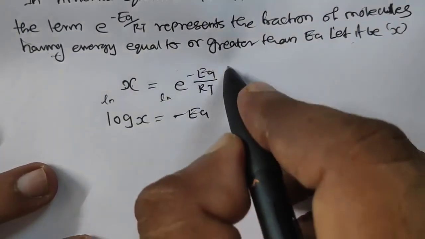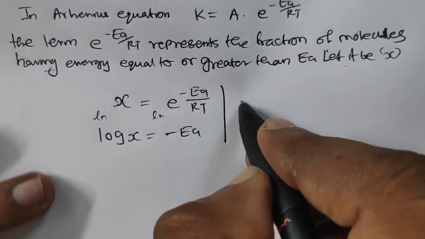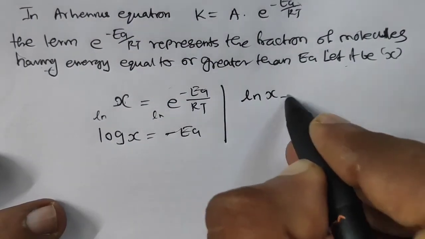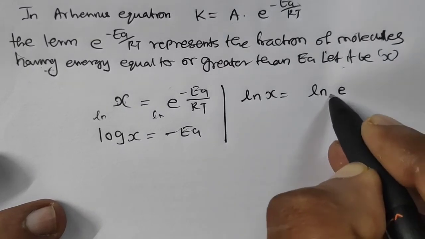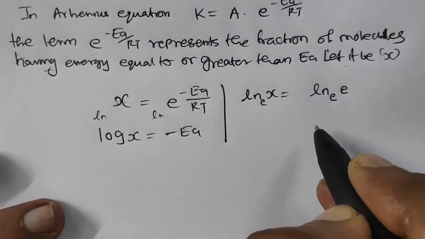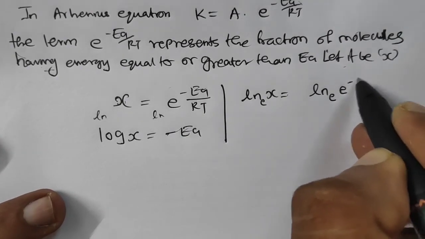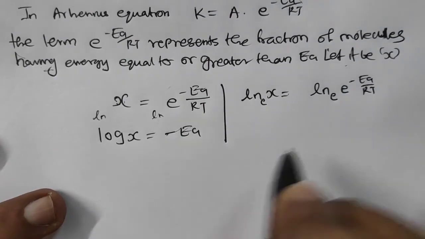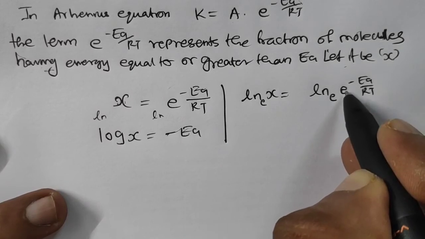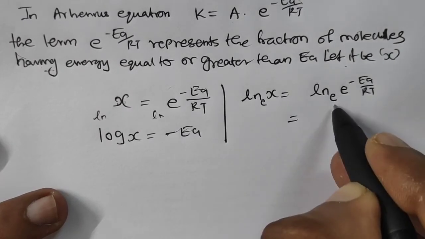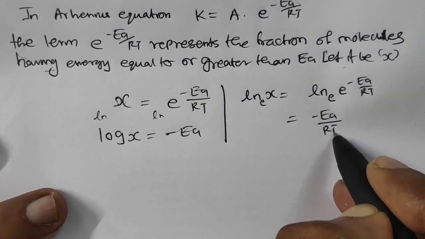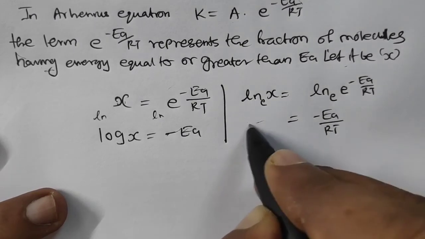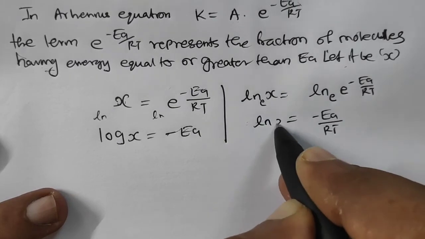If you don't understand, I'll explain here. If I take natural logarithm, it will be ln x is equal to ln of e raised to minus EA by RT. e to the base e is equal to 1. So it will be minus EA by RT, and this will be ln x.